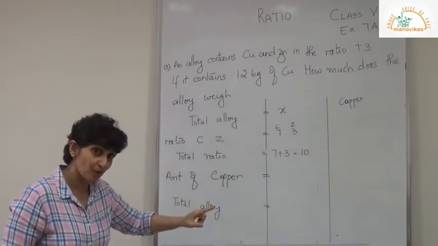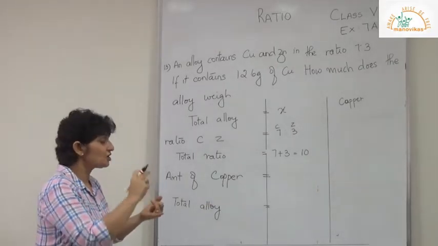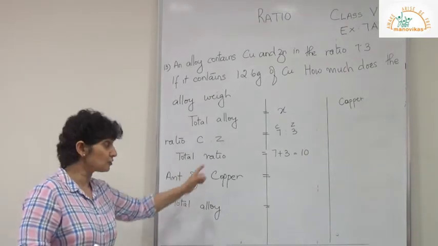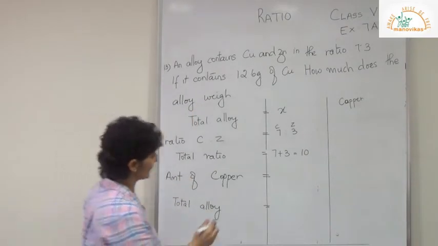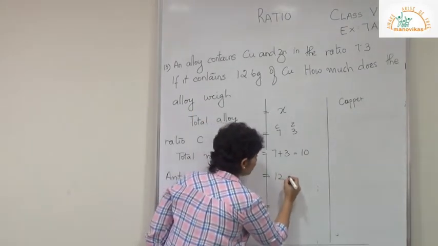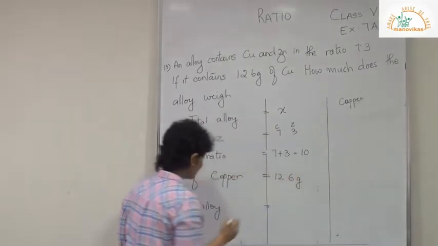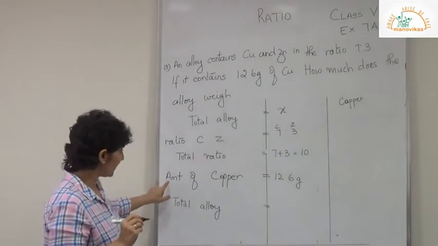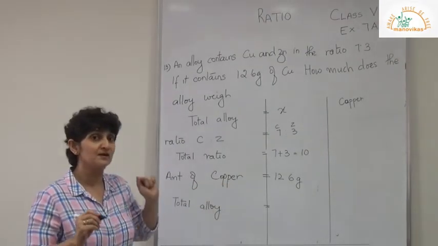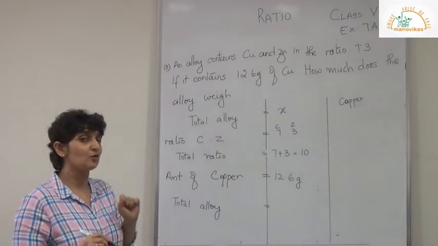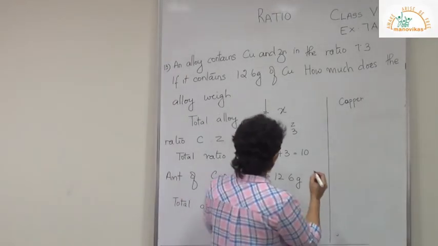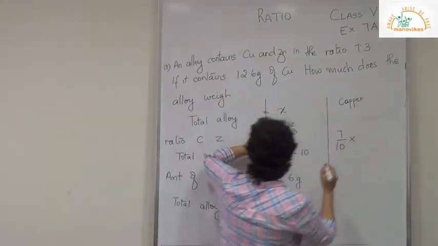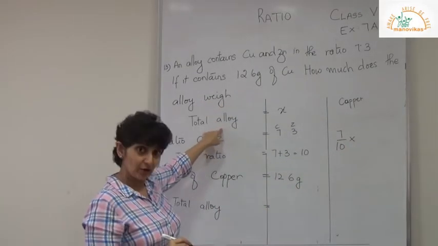Now amount of copper. Generally we would have been asked to find the amount of copper, amount of zinc. Now amount of copper is given to me. That is 12.6 grams. I need to find the total alloy. If you had to find copper, what would you do? You would have done 7 upon 10 into the total alloy.